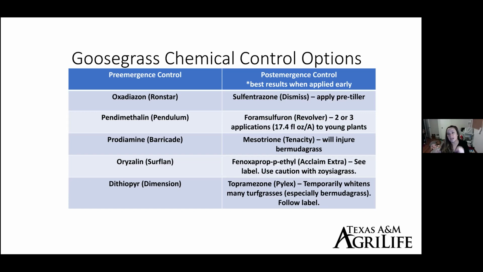The potential downside of this is that even if I don't exceed my maximum annual use rate, the more of these products that I apply, the more possible it is that it's going to interfere with my turfgrass green up. And this can sometimes be something that I need to be really cautious with, depending on how old or established my turf is.